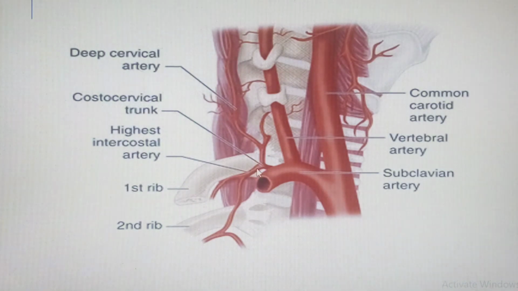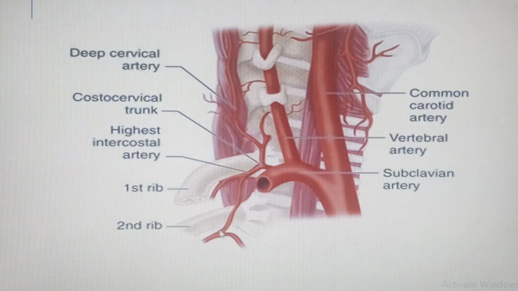Now the inferior division, which we are calling the highest, or the supreme, or the superior intercostal artery, will divide to supply the first two posterior intercostal spaces. Remember, we are going to have 11 posterior intercostal spaces.